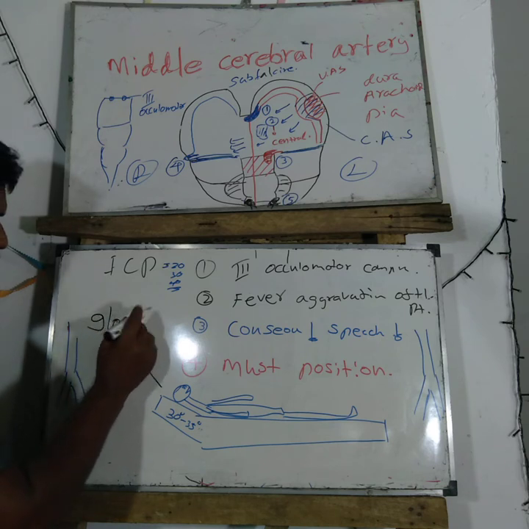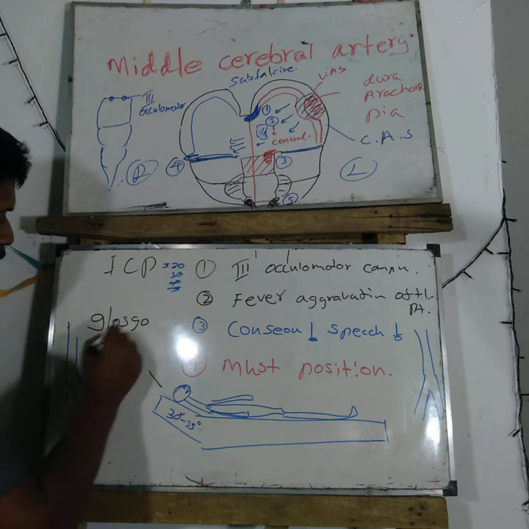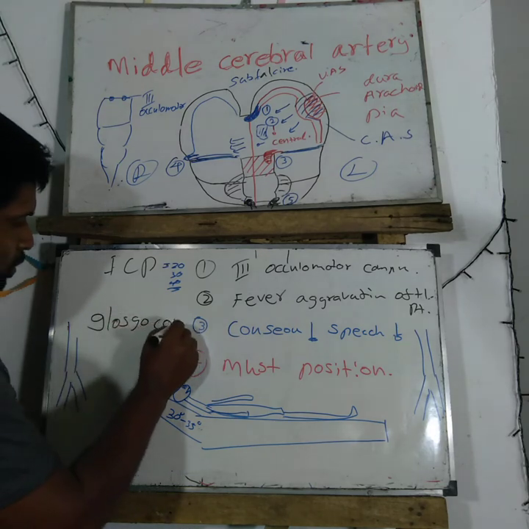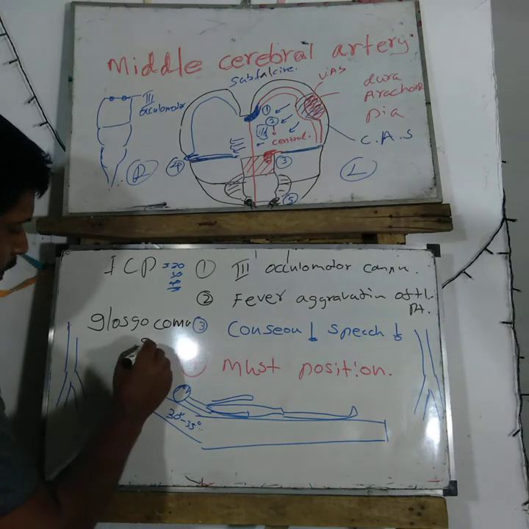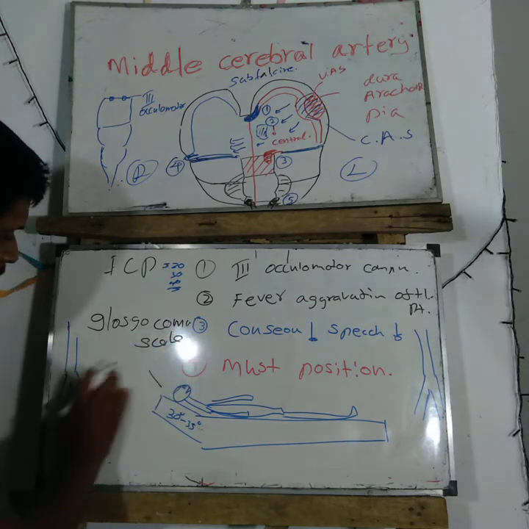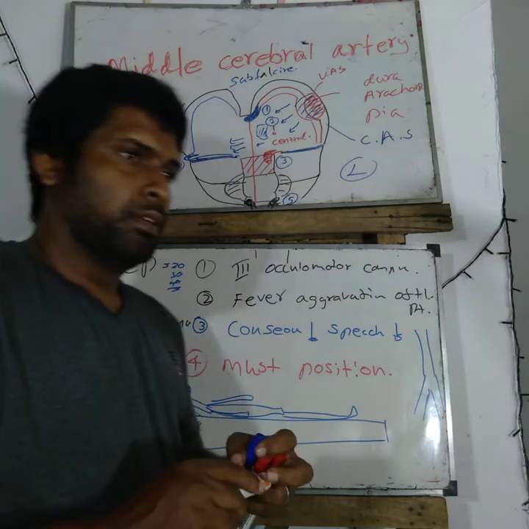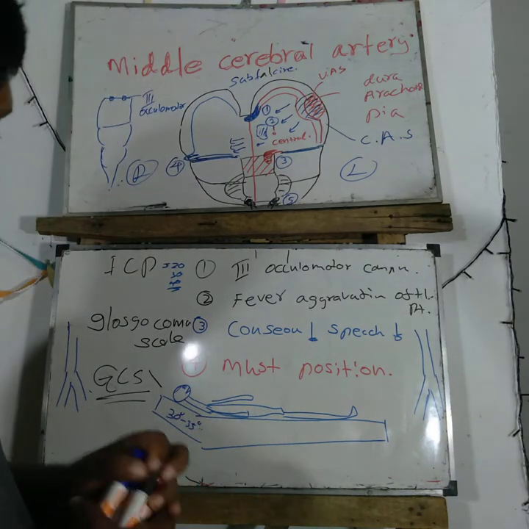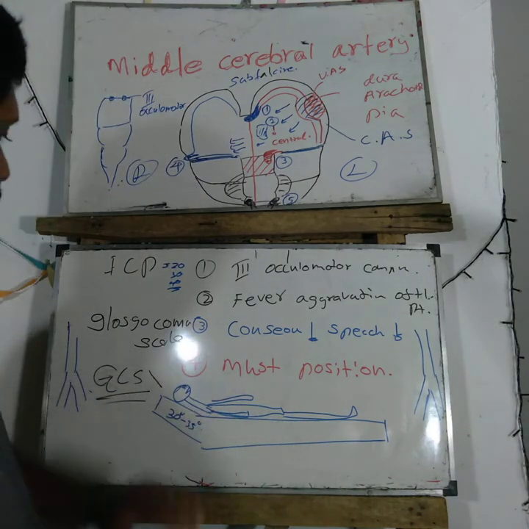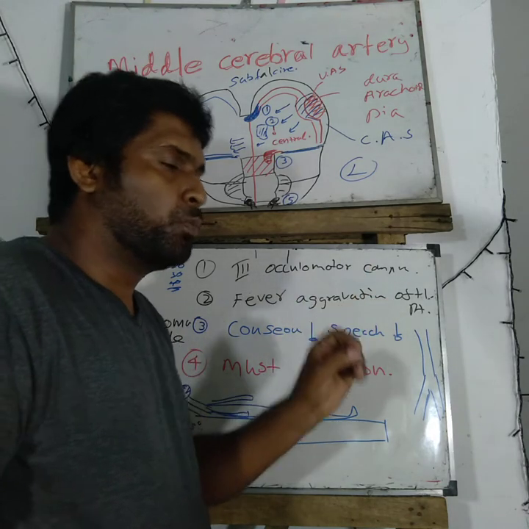Another thing in this positioning, we have to assess how his conscious level is, the Glasgow Coma Scale, GCS, is the most important. When we are talking about the GCS level, we know some form of small GCS levels.